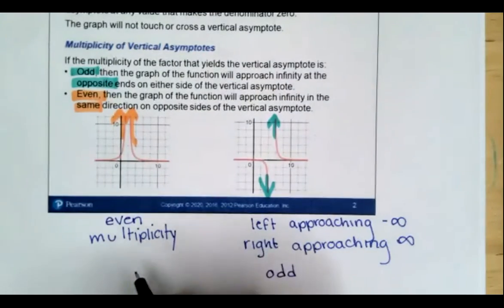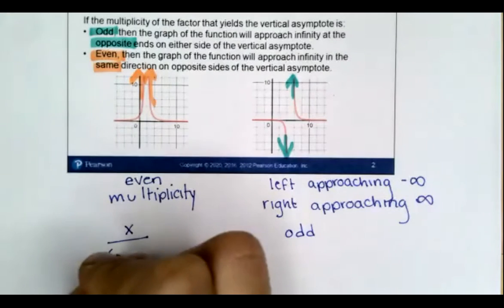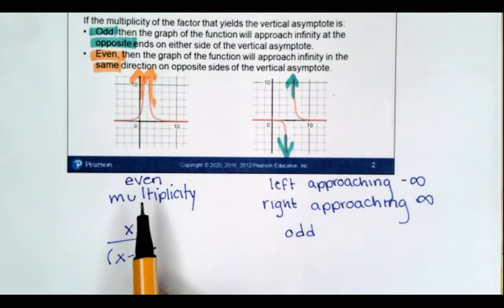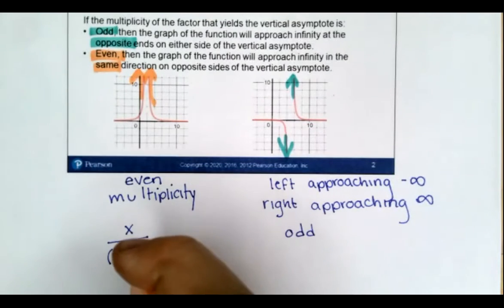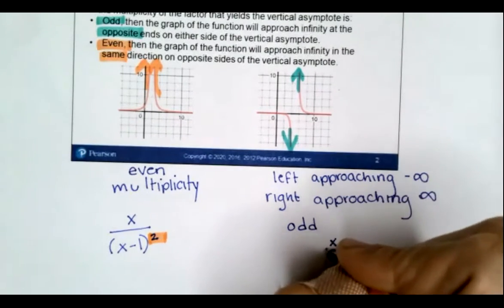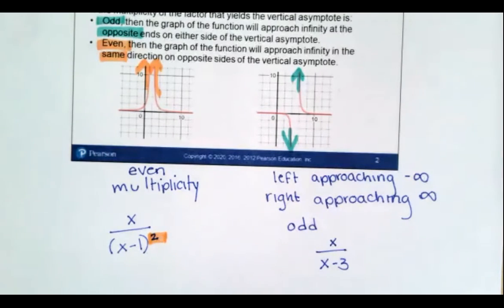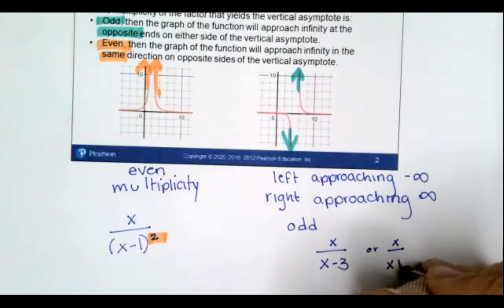Okay, so an example of an even multiplicity might be x over x minus 1 squared, right? The even multiplicity is that 2. The odd multiplicity you might see more frequently because it's just x over x minus 3 raised to the first power, or x over x plus 1 to the third power.